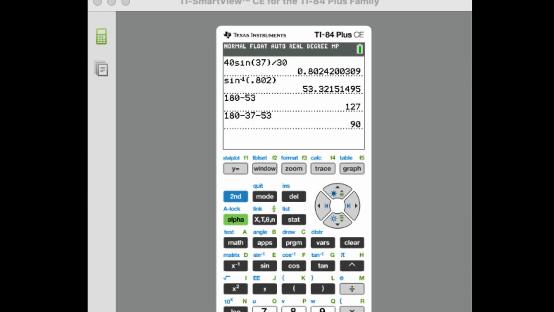This is from your book. B sine 37 is 1 times 30, or what is B? 30 divided by what? Sine 37. What is my B going to be approximately?